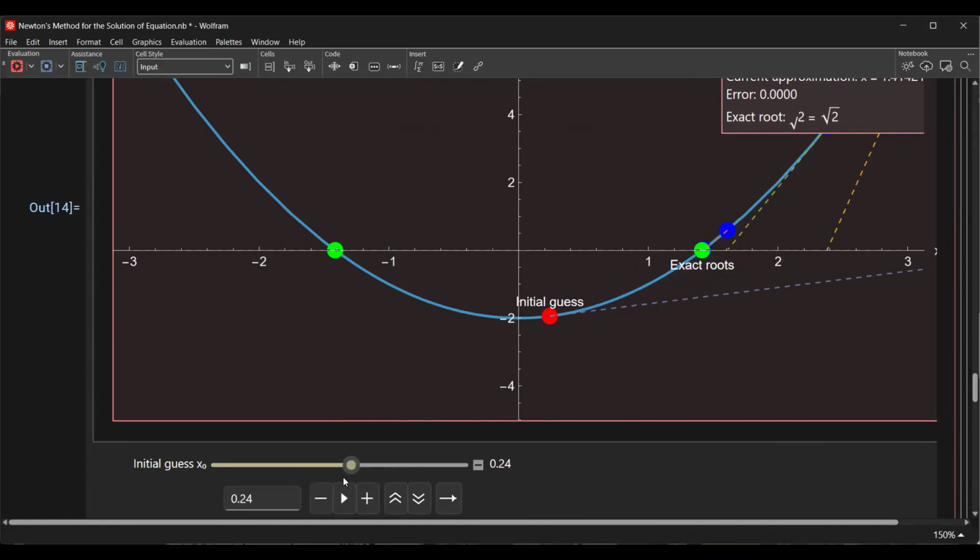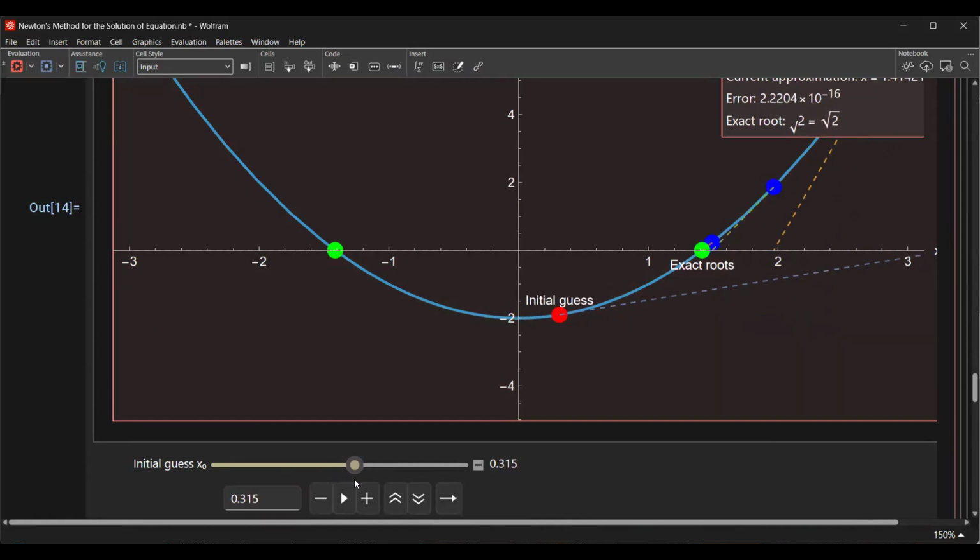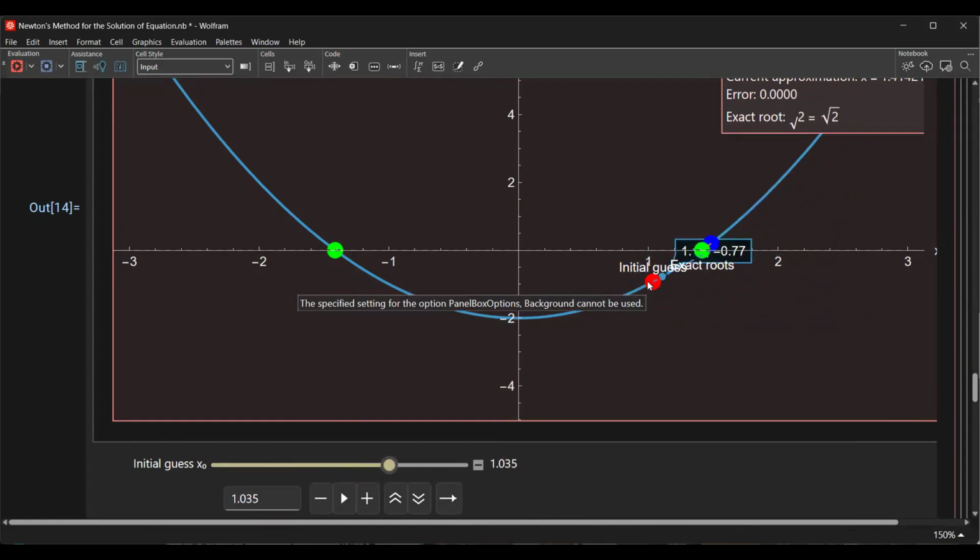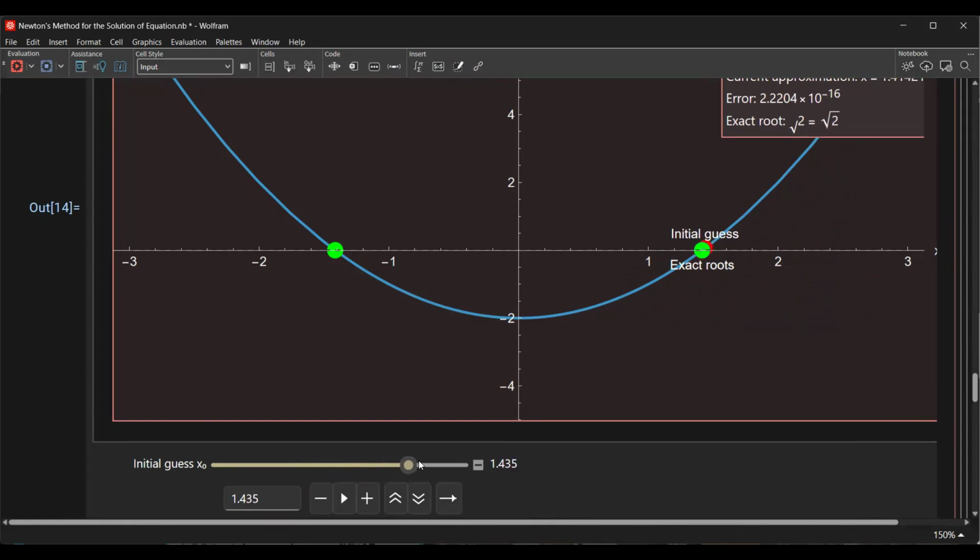Now for the positive root here, we have the initial guess here equal to 0, x is equal to 0. So our next guess here is x equal to 1. Then our next guess here is the root, the approximate value. So this is around 1.43.